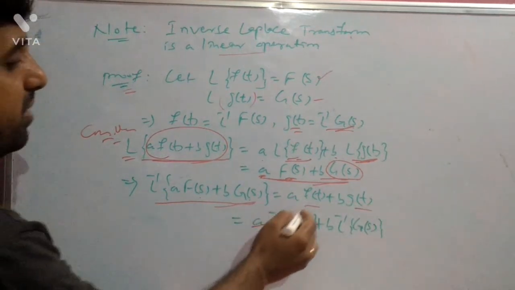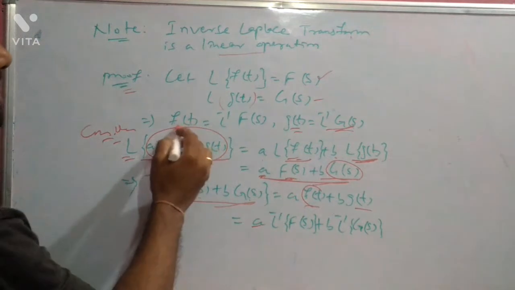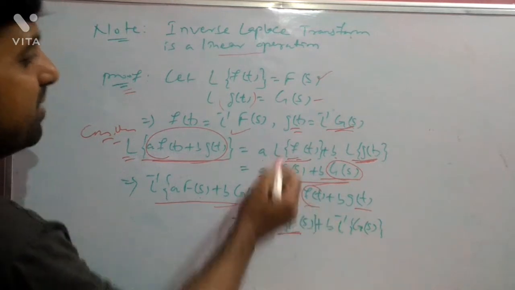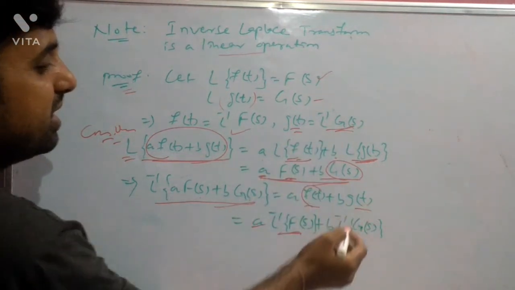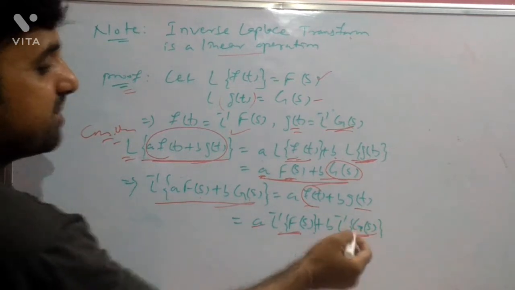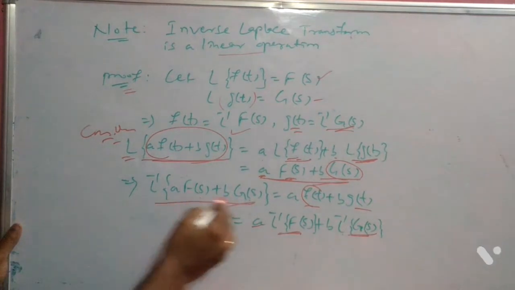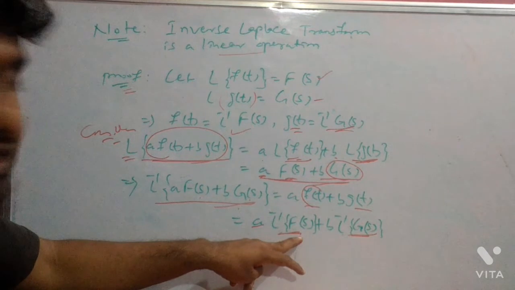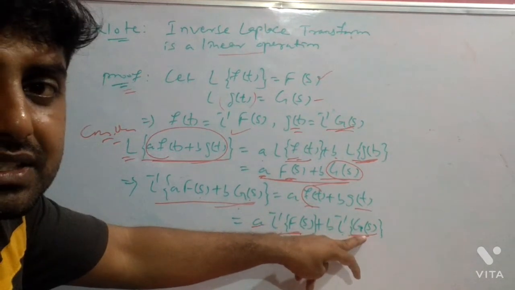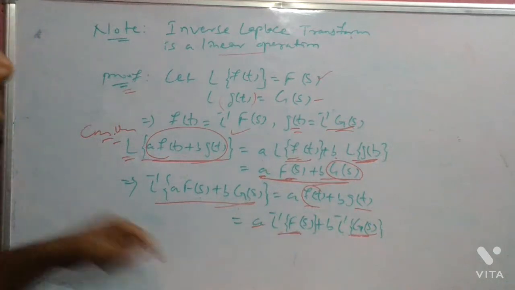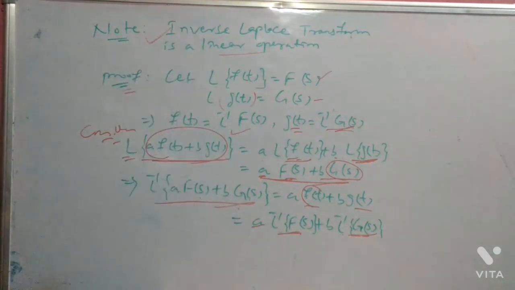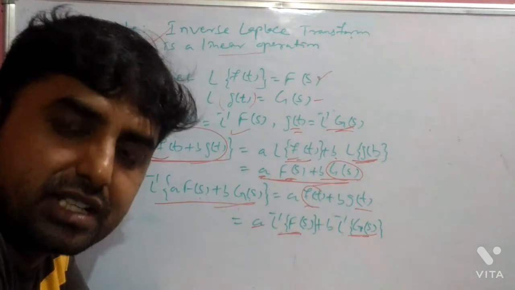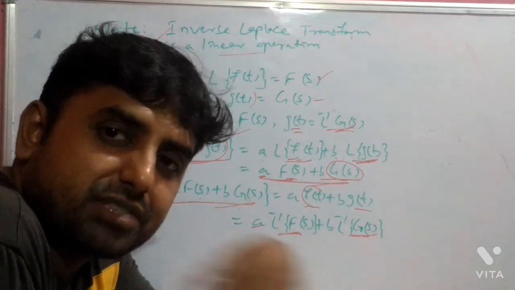Since f of t equals Laplace inverse of F of s, and g of t equals Laplace inverse of G of s, we get that Laplace inverse of a F of s plus b G of s is equal to a into Laplace inverse of F of s plus b into Laplace inverse of G of s. So that's why we can say the inverse Laplace transform is also a linear operation.